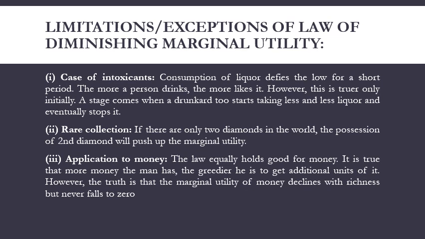And the next case, the limitations or exceptions of the law of diminishing marginal utility. The first case is intoxicants. Think about drunkards or those persons who are addicted to tobacco or any kind of intoxicants.